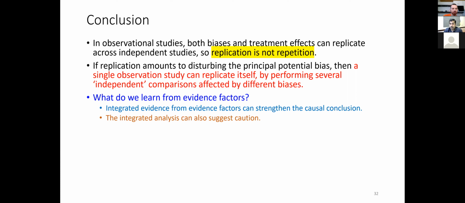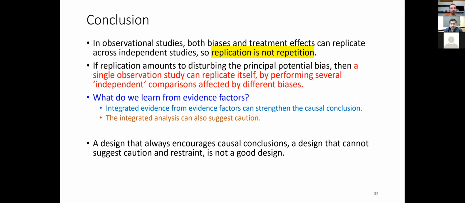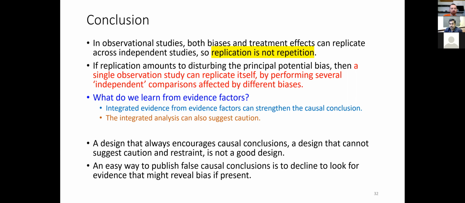So both of these are possible. Final two bullet points. A design that always encourages causal conclusions, a design that cannot suggest caution or restraint, is not a good design. An easy way to publish a false causal conclusion would be to decline to look for evidence that might reveal bias if present.